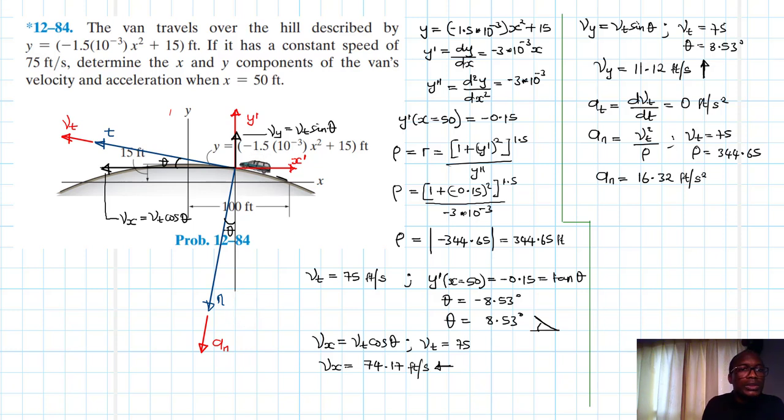We are going to have one component in the X direction. This is the only one that will be contributing towards the X and the Y, because at is 0, because Vt is constant. So this one is ay, this one is ax. Okay, let's work them out.